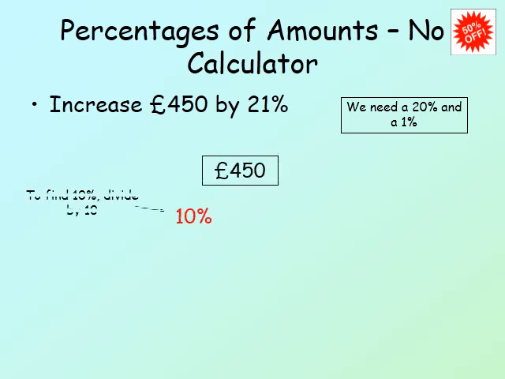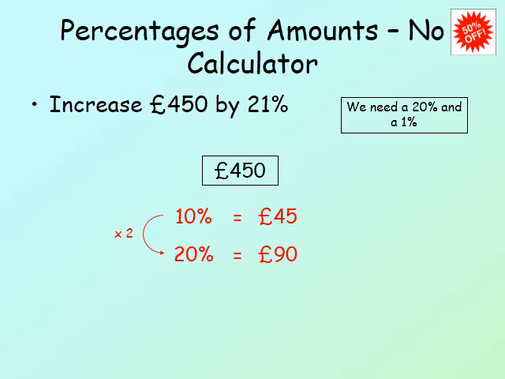So we know how to calculate 10%. Of course it's 45. We're going to double that to 90, because 45 and 45 is 90, and dividing 45 by 10 is of course £4.50.